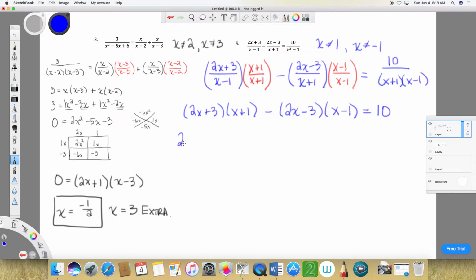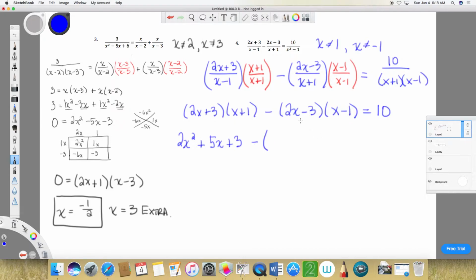But what you should get is 2x squared plus 5x plus 3. Now with this minus sign, I'm going to put parentheses around this trinomial, because after I multiply these two binomials together, I'm going to have to subtract every term, not just the first term.